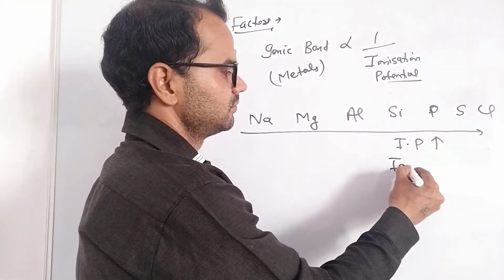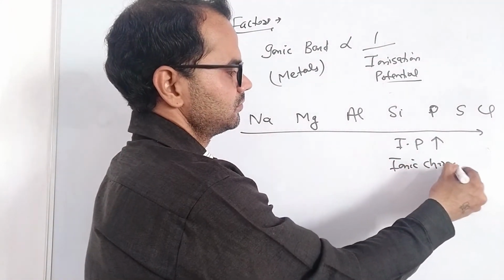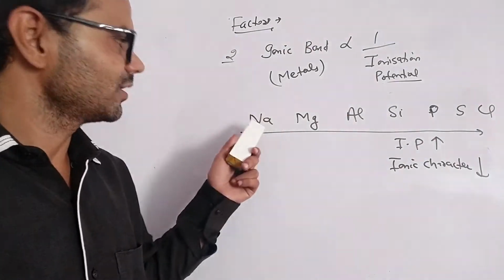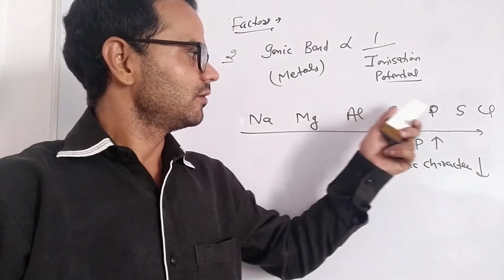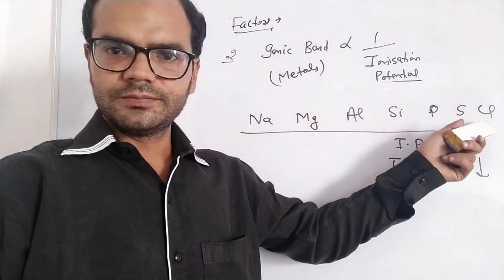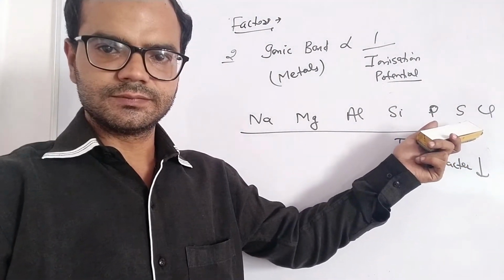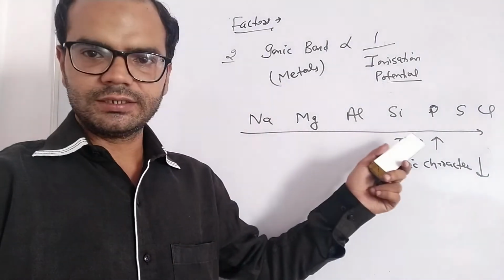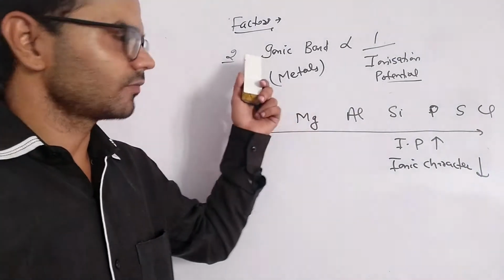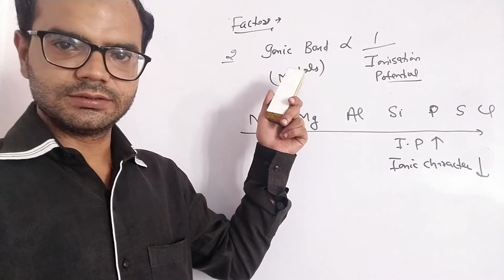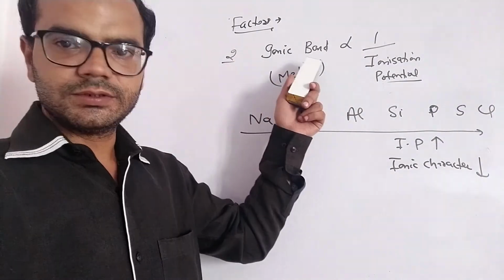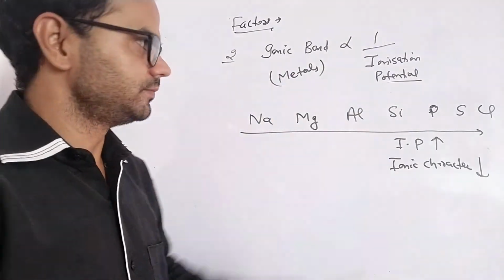Ionic character decreases. Or we can say sodium, magnesium, aluminum are the metals. Phosphorus, sulfur, chlorine are the non-metals. Clear? So if any element can lose electrons easily, then it can form an ionic bond easily. This is the second factor deciding the strength of an ionic bond.